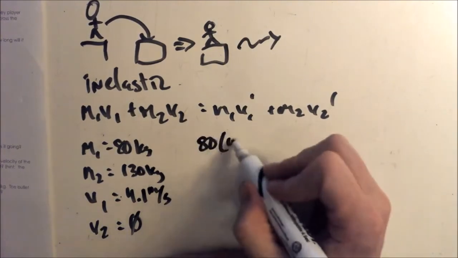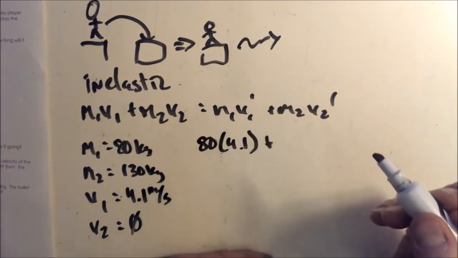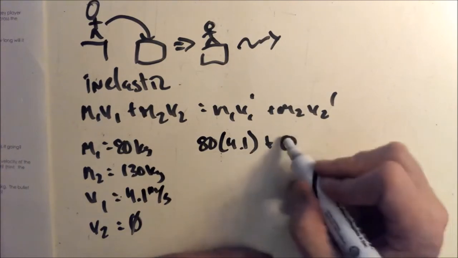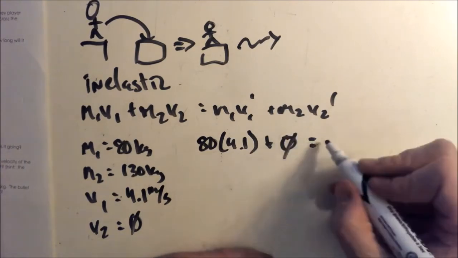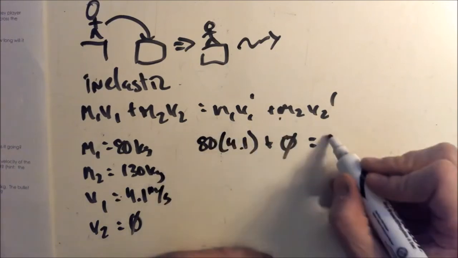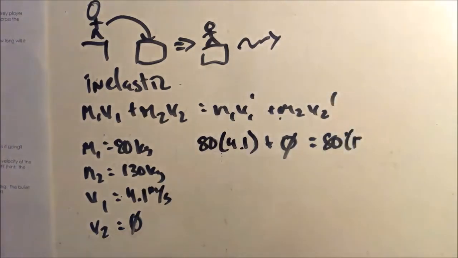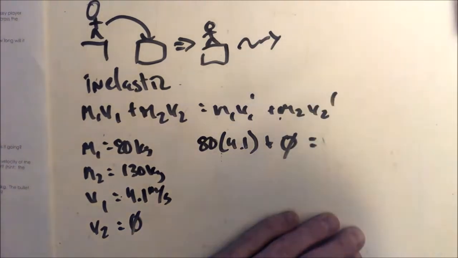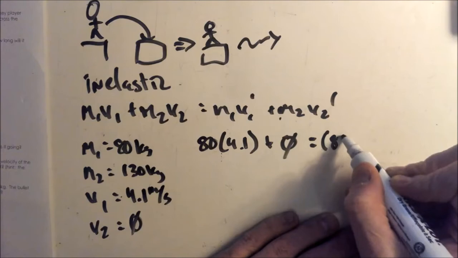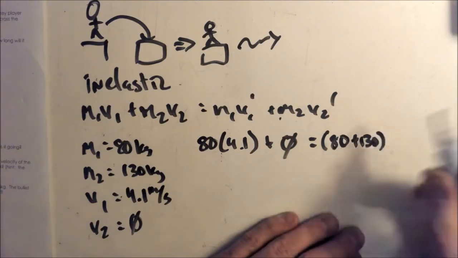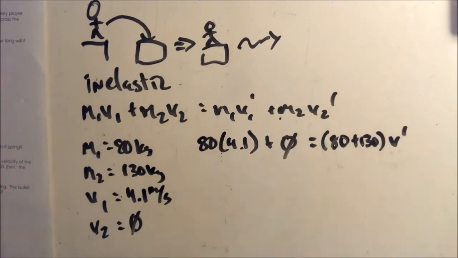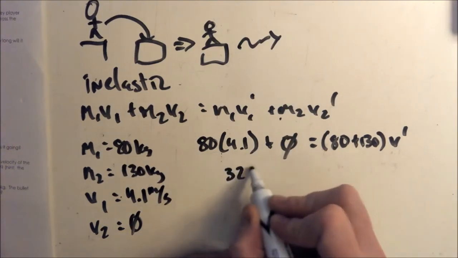So 80 multiplied by 4.1 plus 0 equals 80 plus 130 multiplied by v prime, which we don't know yet. 80 times 4.1 equals 328.